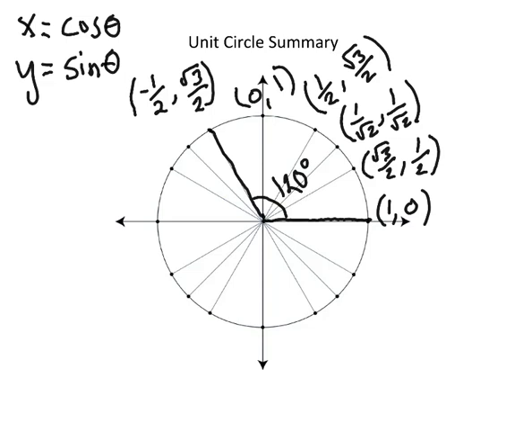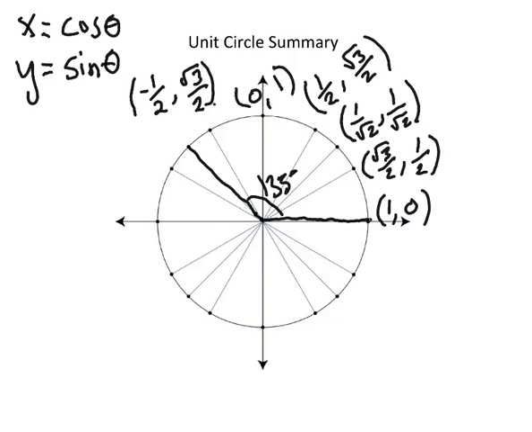Let's draw the next one. So our next one here is going to be this line right here. You can see that's related to the 45-degree triangle. So it must be 180 minus 45, which is 135 degrees.